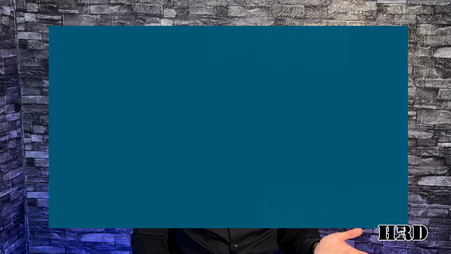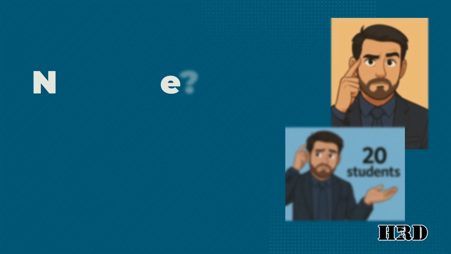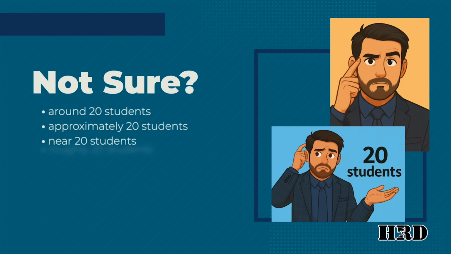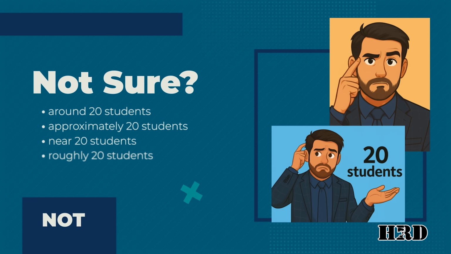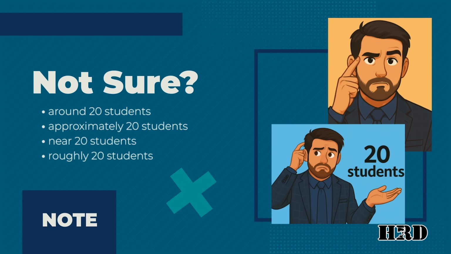For example, around 20 students. Approximately 20 students. Near 20 students. Or roughly 20 students.